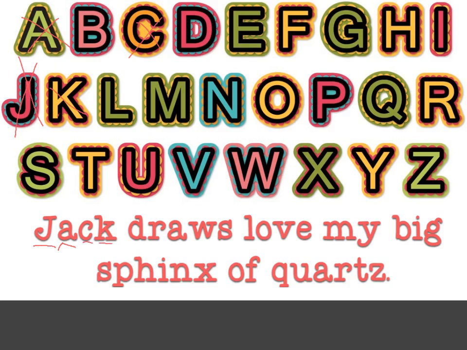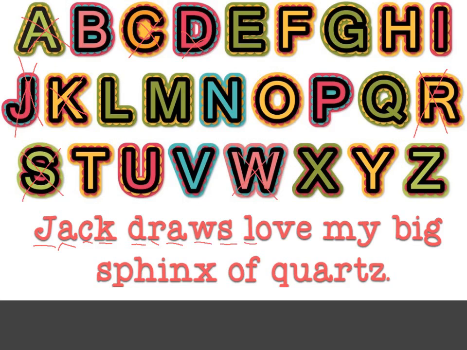Cross out K. D, so it has the letter D right there. R, I'll cross out the letter R. A again, we've already crossed that out. W, cross out the letter W. S, cross out the letter S.